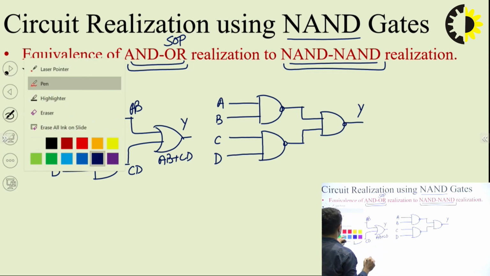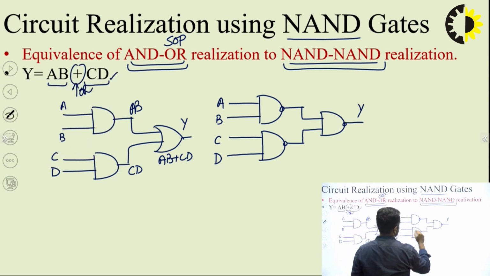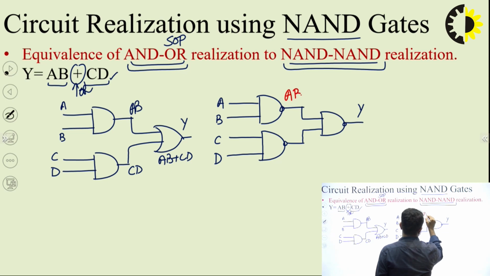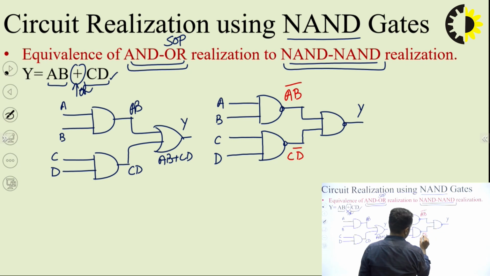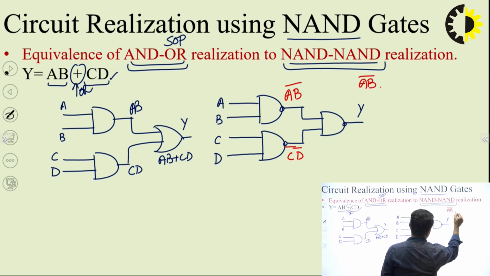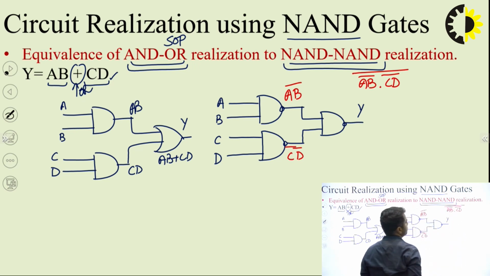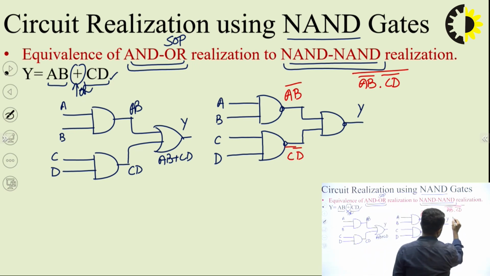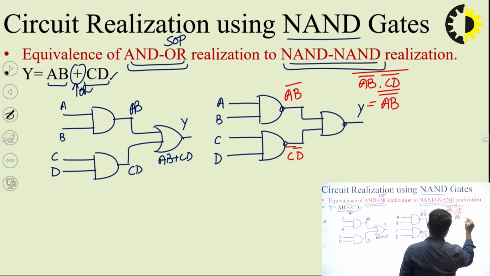But here we have to check that in the second circuit, this will be AB complement, this will be CD complement, and this will be AB complement dot CD complement, whole complement. Using De Morgan's theorem here, we can check that it will become AB double complement, dot will change to plus, and CD double complement.